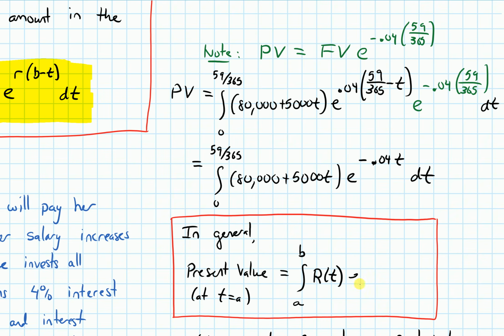It's e to the r times (a minus t), dt, where r is the interest rate, that was 0.04. The a in my integral above, the starting time, was 0, and 0 minus t is just negative t. And that's how we had this thing above. So I'm going to highlight this formula. This is another key formula from the section.